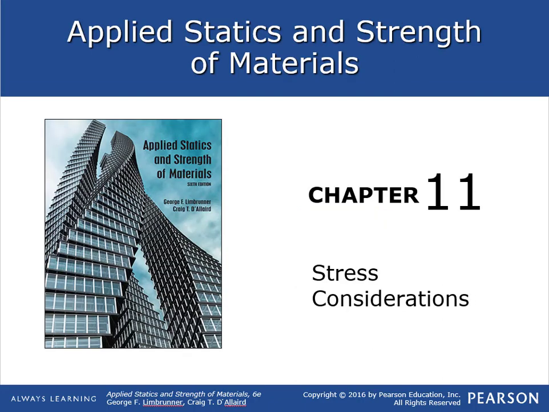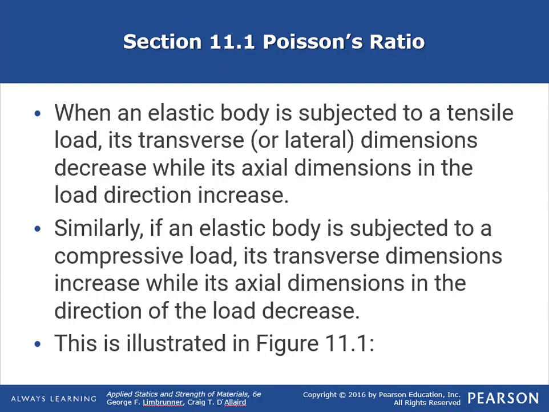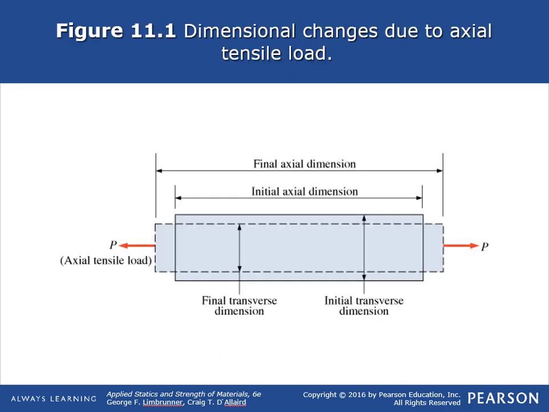Chapter 11, all I really want to talk about here is Poisson's ratio. When you have a bar in tension, for instance, that bar is going to stretch a little bit. But that stretching in the axial direction is going to be accompanied by a decrease. I'm not talking about the necking down thing, just a decrease in its transverse dimensions. We'll show this diagram here.